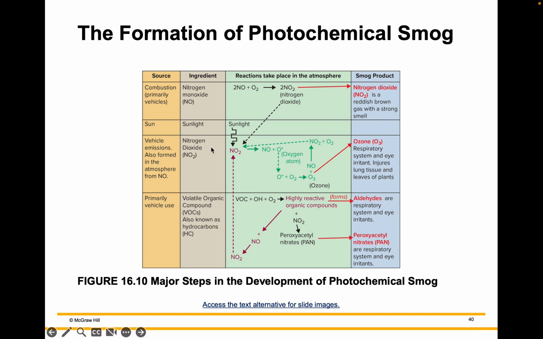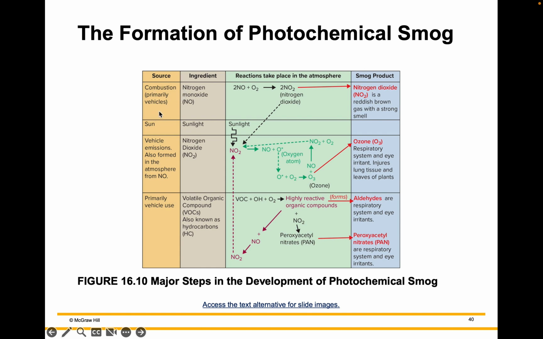So, how does photochemical smog actually work? What I want you to focus on as we talk through this table are the sources, the ingredients, and the products. The chemical reactions I will not quiz you on in this class, but you do need to know that they occur, okay? So the source is combustion.